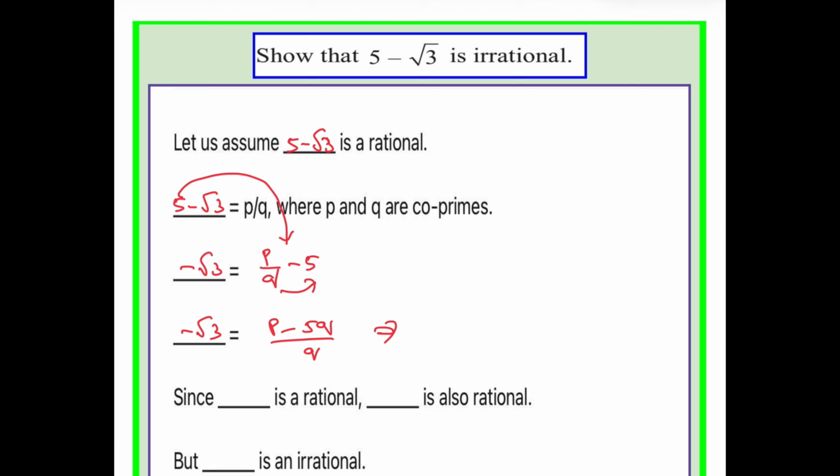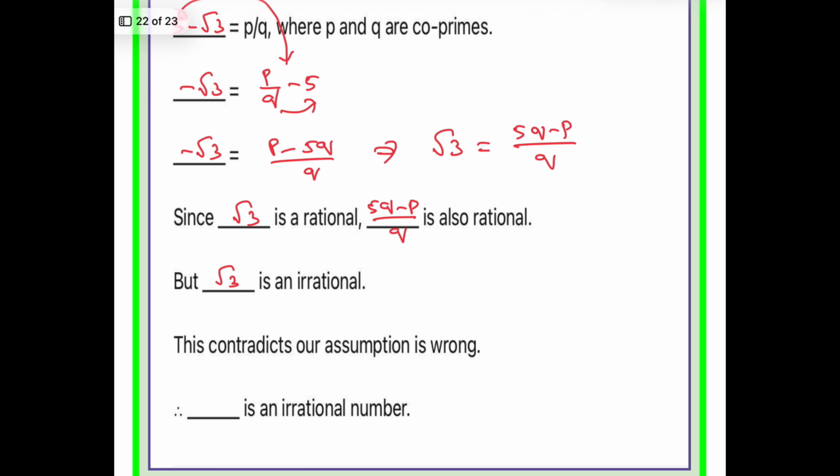Here root 3 has a negative symbol. If you make it positive, root 3 equal to the other expression, it becomes 5q minus p by q. Since root 3 is rational, 5q minus p divided by q is also rational. But root 3 is irrational. This contradicts, so our assumption is wrong. Therefore, 5 minus root 3 is an irrational number.